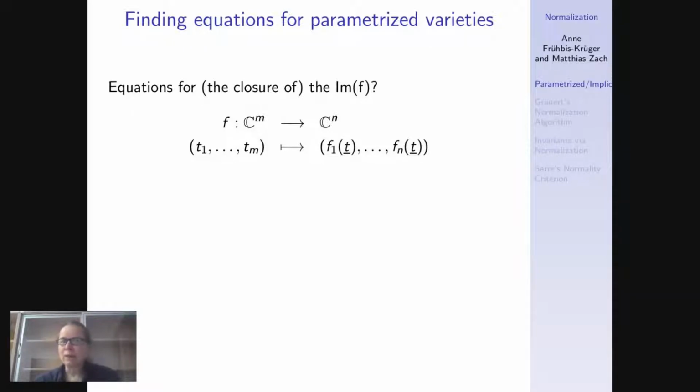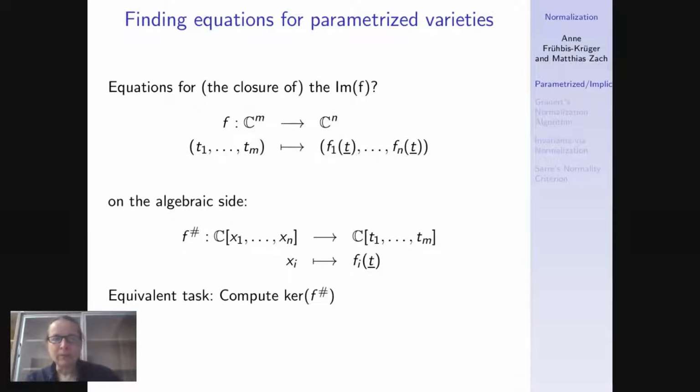Of course, we want to describe the image by polynomial equations. That's not always possible. You all know if you project a hyperbola to the line, then you get the line without the origin. And that, of course, is not a zero set of a polynomial equation. So in general, we'll not get precisely the image. We'll get the so-called Zariski closure of the image, the smallest variety containing the image. And that's what we want to compute.